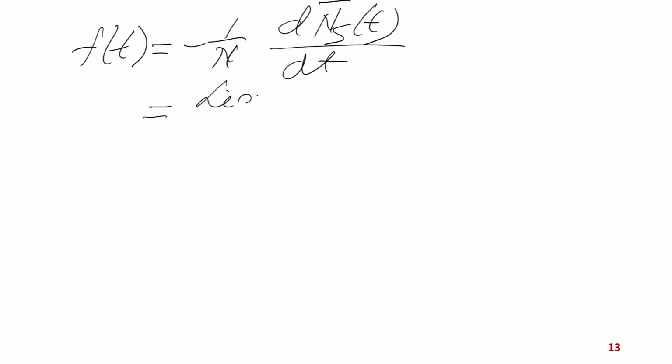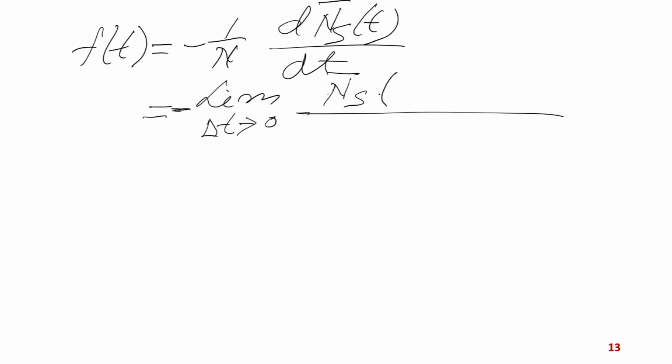So, this I can write as the limit, delta t is the time step, delta t tends to 0, then this differentiation of n s t, with a minus sign here: n s t plus delta t minus n s t, divided by n delta t.